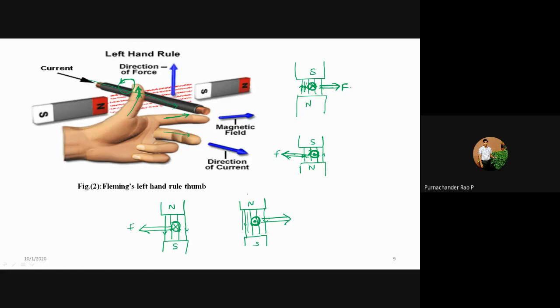So this is a way of changing the direction of the armature of a DC motor. Either you have to change the field direction, or you have to change the direction of the current through a conductor. Then you can change the direction of the motor.